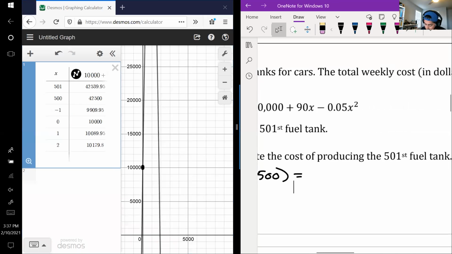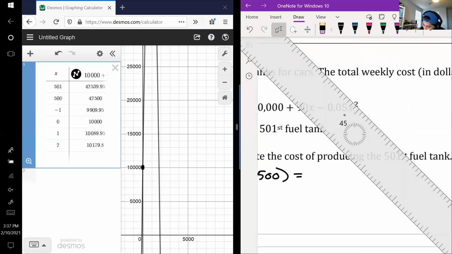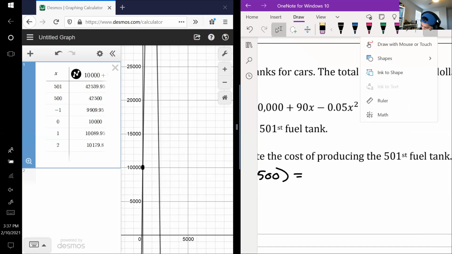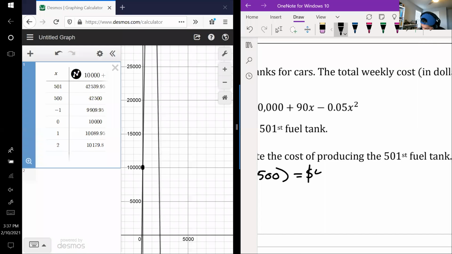So over here, I'll just write those down. So we're going to get $42,539.95 minus 42,500.